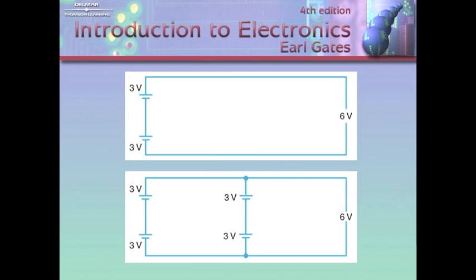If this here is just a light bulb, a 6-volt light bulb here and a 6-volt light bulb here, what is the advantage of the bottom circuit as opposed to the top circuit? Yep, these are batteries. Yep.